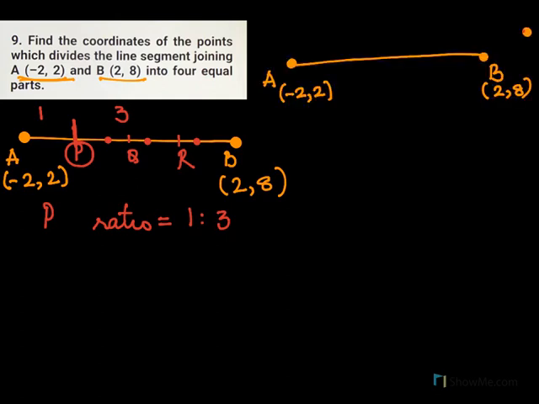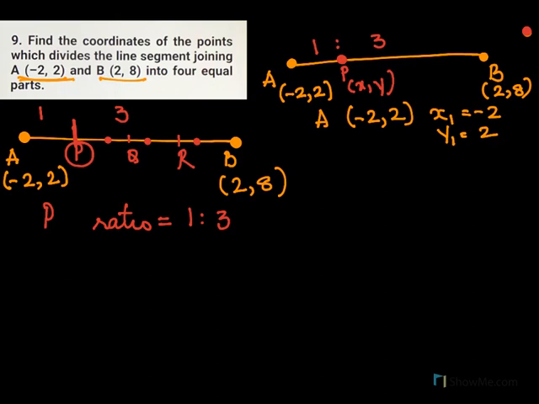So let's draw it again. We just take point P only now. This is our point P. We'll write it as X, Y, and we know for P the ratio was 1:3. So we have point A, which is -2, 2, X1 -2, Y1 2.